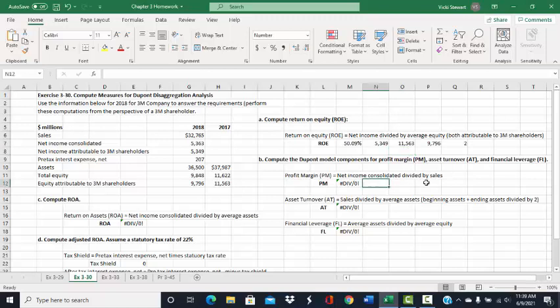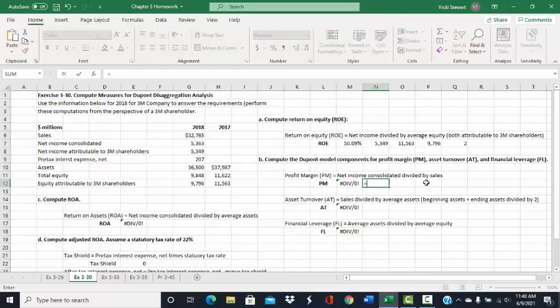The next part of the problem states to compute the Dupont model components for profit margin, asset turnover, and financial leverage. So the Dupont disaggregation analysis breaks down return on equity into these three components. The first component is the profit margin.